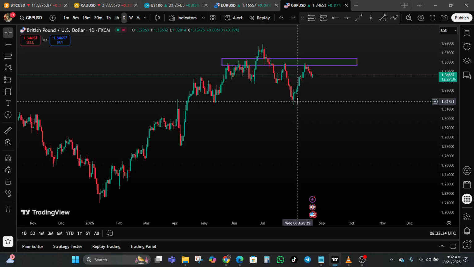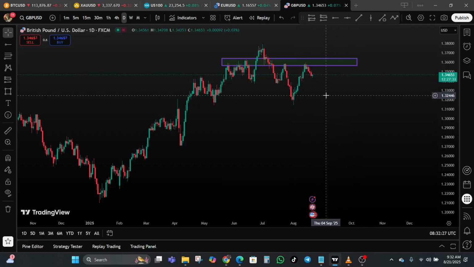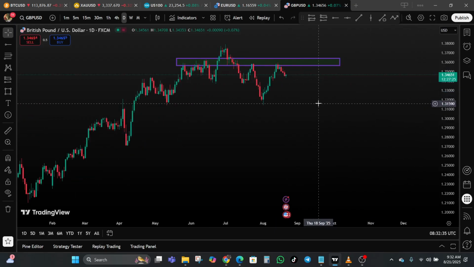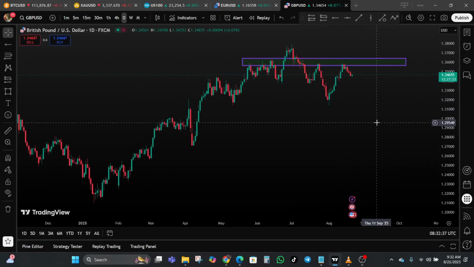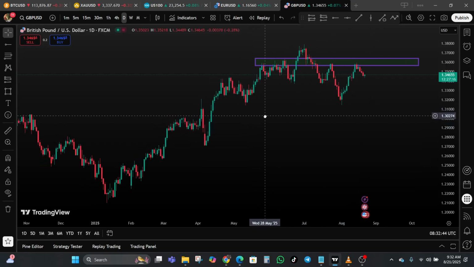Okay, so now let us talk about how to identify a rejection block. You look for a candle that pushes into a significant area but closes in the opposite direction.